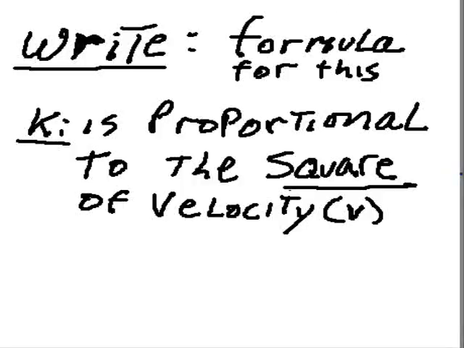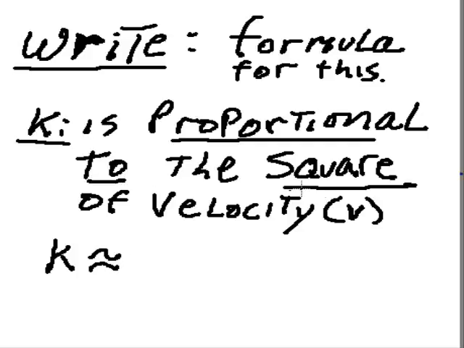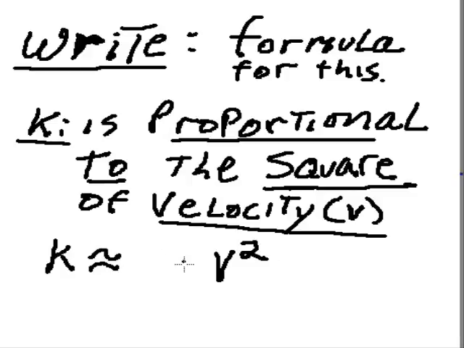Your job is to write a formula for this. K is proportional. K is proportional to what? To the square of velocity. So here's velocity, here's the square of velocity, and it is proportional according to some constant.